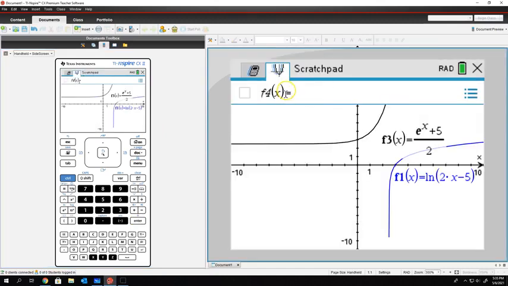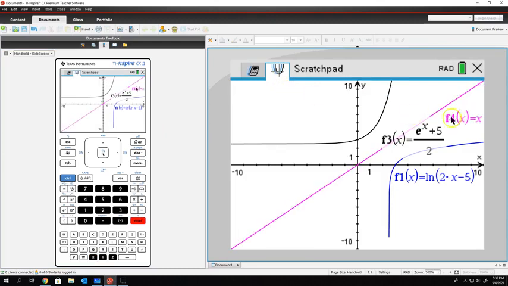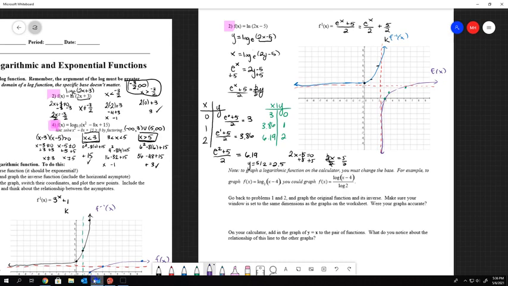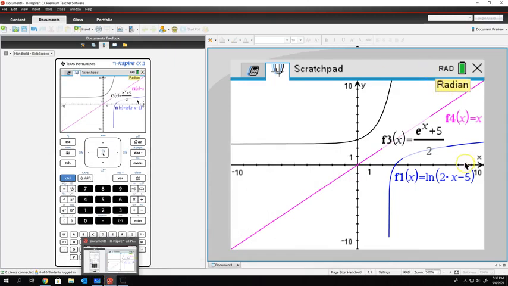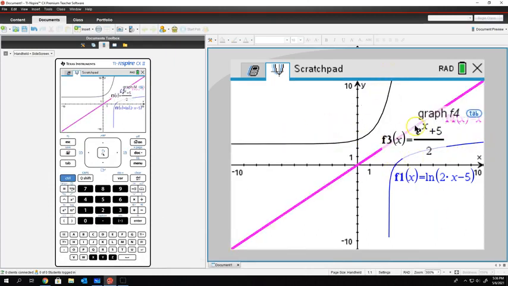So I'm just going to say equals x. So here's that line y equals x. And it says, what do you notice about the relationship of this line to the other graphs? Well, I'm mirroring across the line y equals x. My graphs are mirroring one another across that line of y equals x. And so that's what's happening.